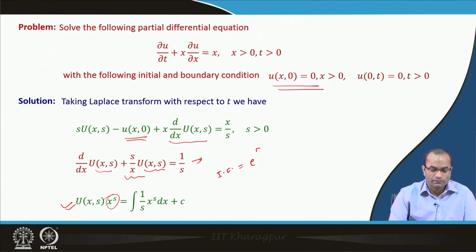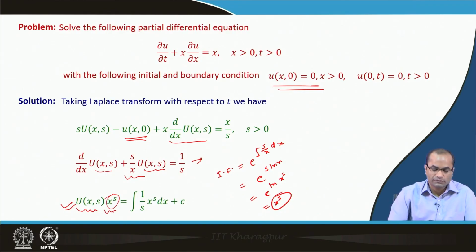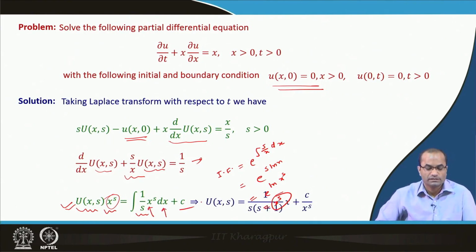The integrating factor will be e to the power of the integral of s over x dx, so this is e to the power s ln x, which is e to the power ln x^s. So that is x^s. This is the integrating factor x^s which is used here. So U(x,s) times x^s equals the right hand side, 1 over s multiplied by this integrating factor, integrated over dx, plus c.